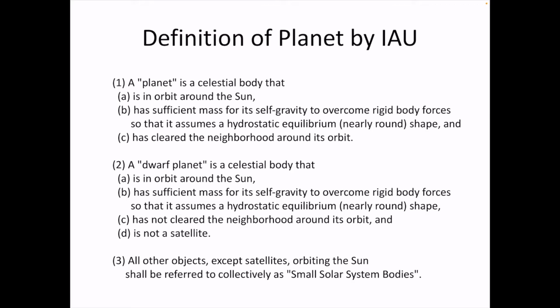Pluto belongs to the second category, so it is a dwarf planet. And the last condition for a dwarf planet is that it is not a satellite. All other objects, except satellites, orbiting the Sun shall be referred to collectively as small solar system bodies.